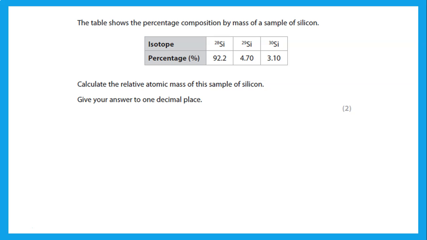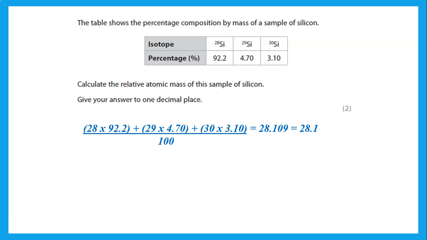This is another question. He gives you the isotopes and their percentage, and you're required to calculate the relative atomic mass of silicon. So again, we said, how do we do that? The first isotope has a mass of 28. So 28 times its percentage plus 29 times its percentage plus 30 times its percentage divided by 100.